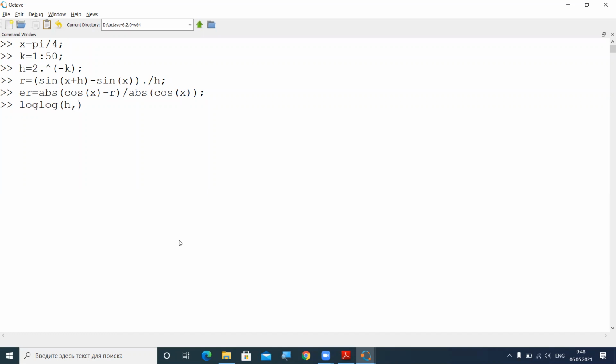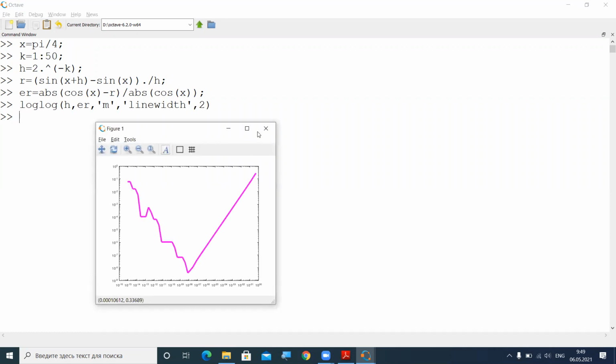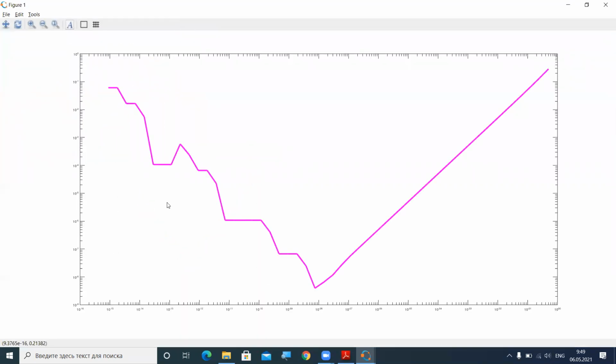H and error, any color. Let's do any other color, magenta. Then line width is 2. Let's check it. And you can see such a graph we have.